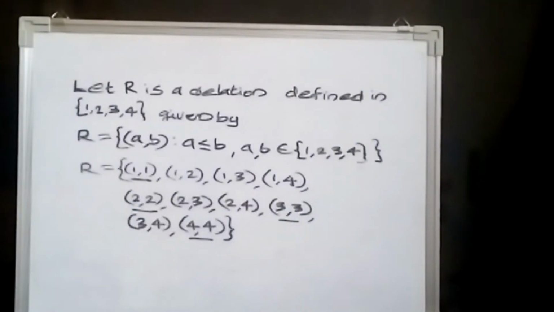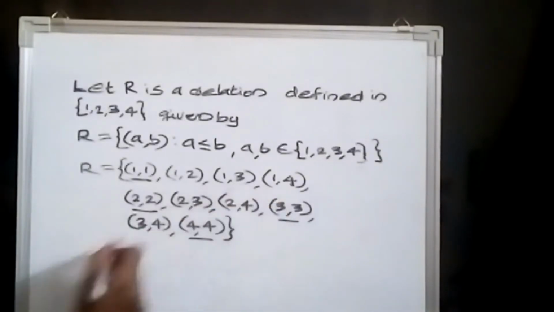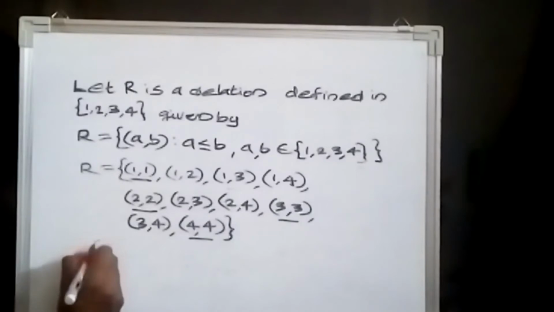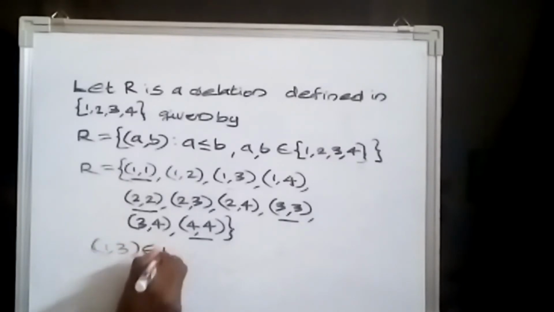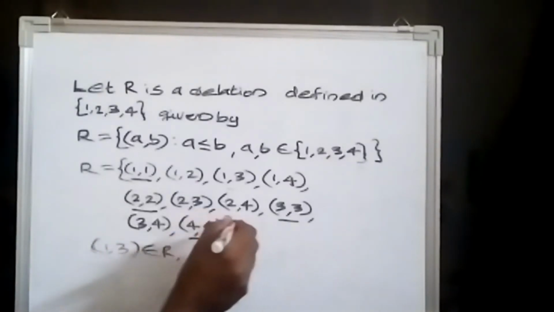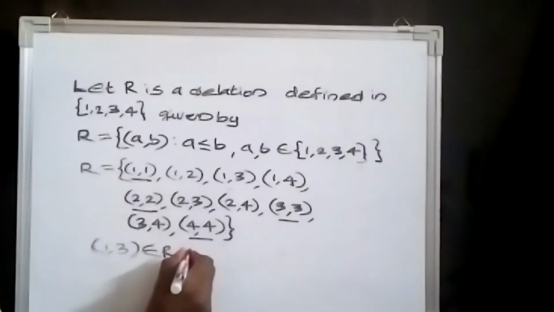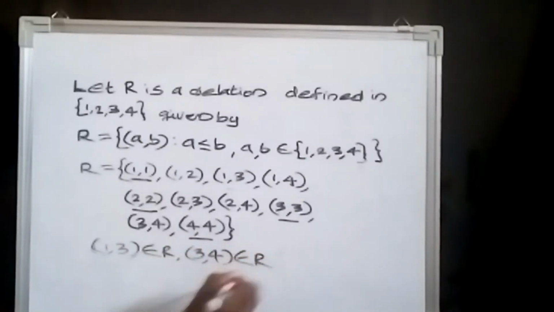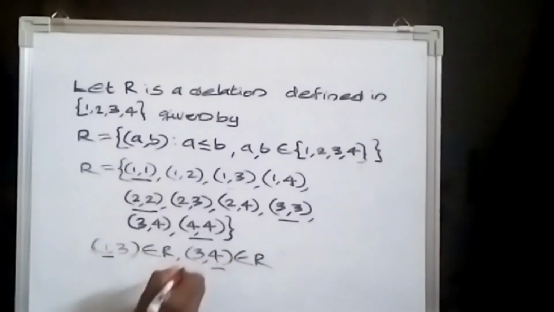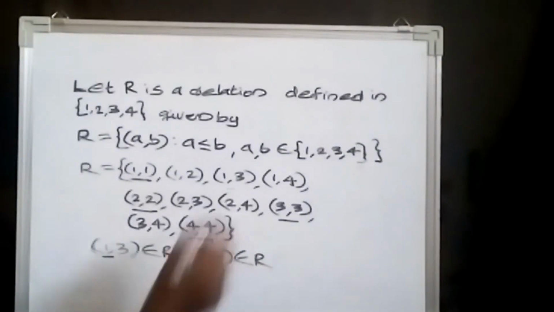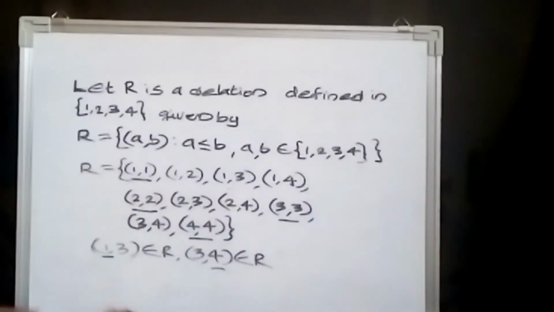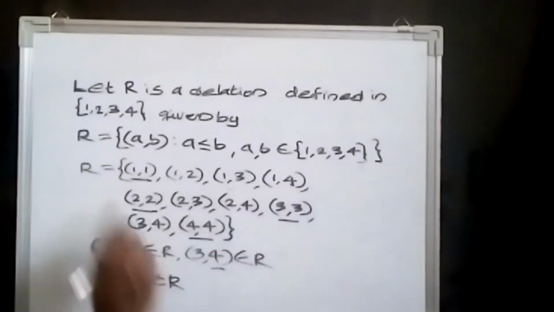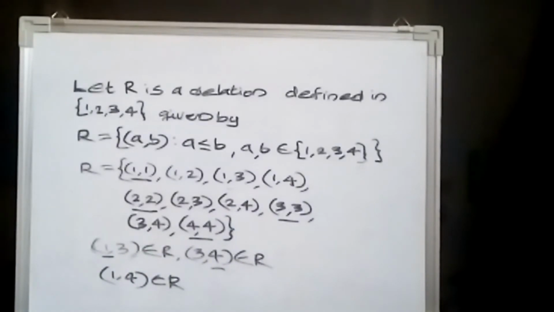Is it a transitive relation? Just check. (1, 3) belongs to R, and (3, 4) belongs to R. We have to check whether (1, 4) belongs to R. Yes, (1, 4) is there in the set R. Therefore, (1, 4) belongs to R. Therefore, the relation is a transitive relation.